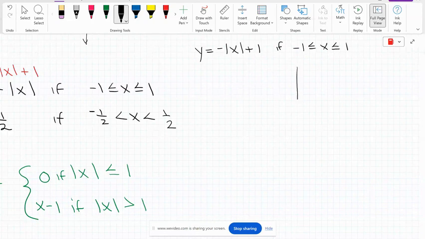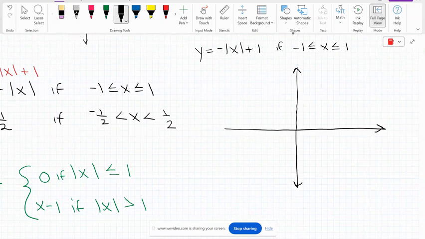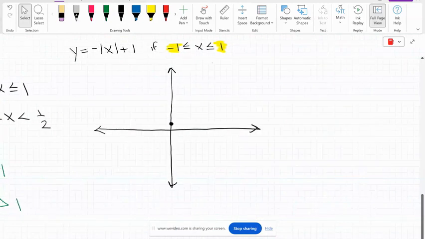So I'm going to start there. So this is a frowning V that has been shifted 1 unit up. So I know this is my turning point right here at 0, 1. Now, I'm starting this V at -1 and I'm ending it at +1 for x. So I'm going to go and make my chart.